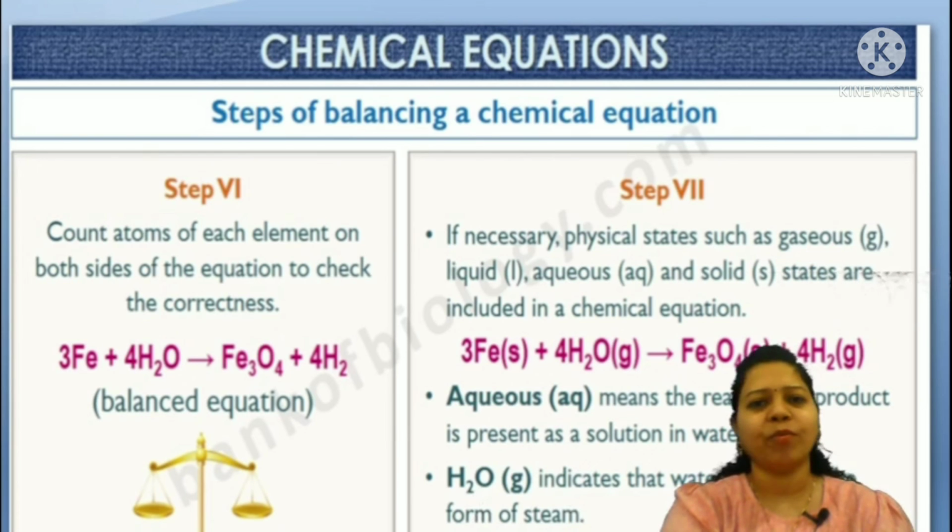Generally water is in liquid form, but if it is in a steam form, then we are using the gaseous symbol for water. In this way, we are using different letters, different symbols to represent the state of those chemicals in a chemical equation.